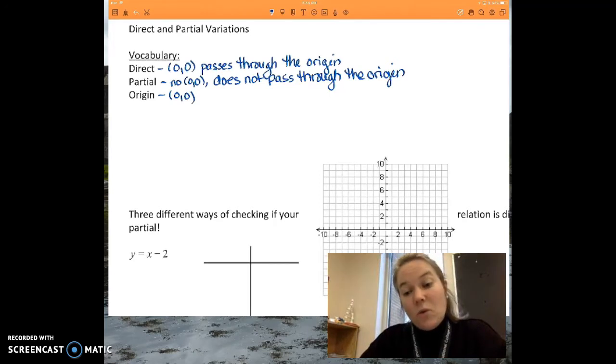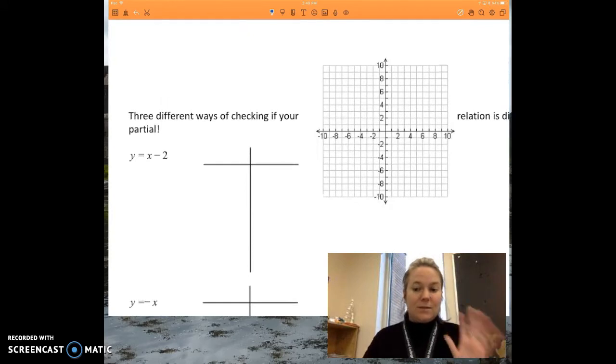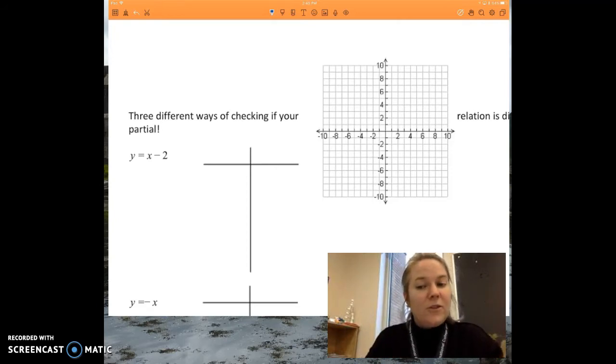And remembering that the origin is that special point 0, 0 on our coordinate grid. Okay, so I know that the formatting is not quite right on the PDF that I'm working off of, so just translate it all into the format that you have on the notes that you were given. So there are 3 different ways of checking if your relation is direct or partial, and we're going to look at all of those.